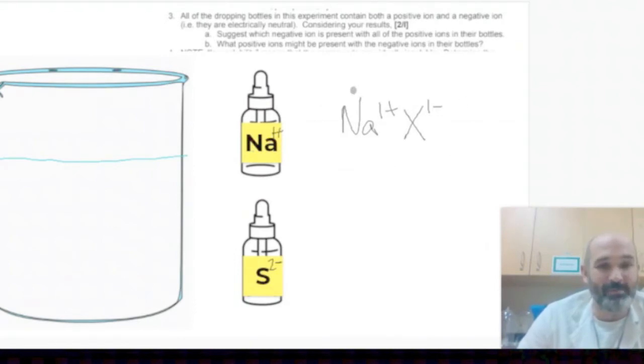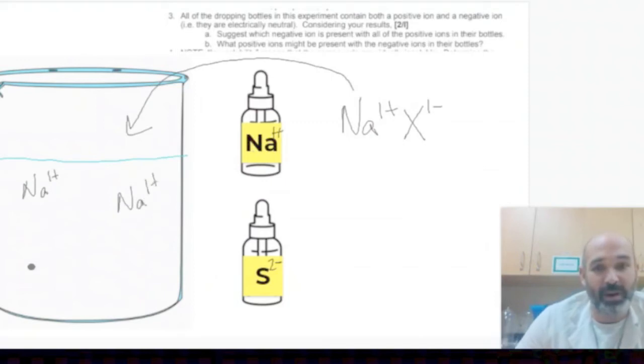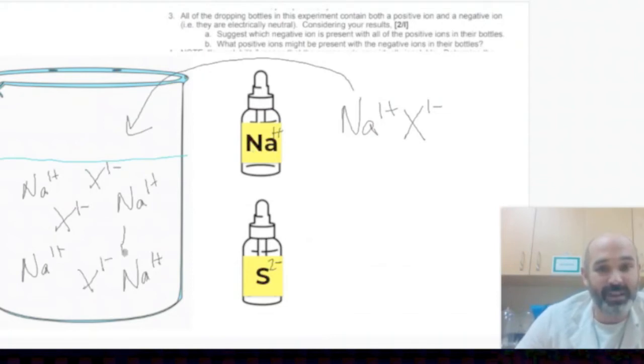So when I put both of these into a beaker with water, what would be floating around in the solution would be a whole bunch of sodium ions, so Na1+, as well as a highly soluble anion that would have the opposite charge of the sodium, okay? So a whole bunch of these. And again, remember, these are all surrounded by water molecules, water being a polar substance. Same thing goes with these anions.